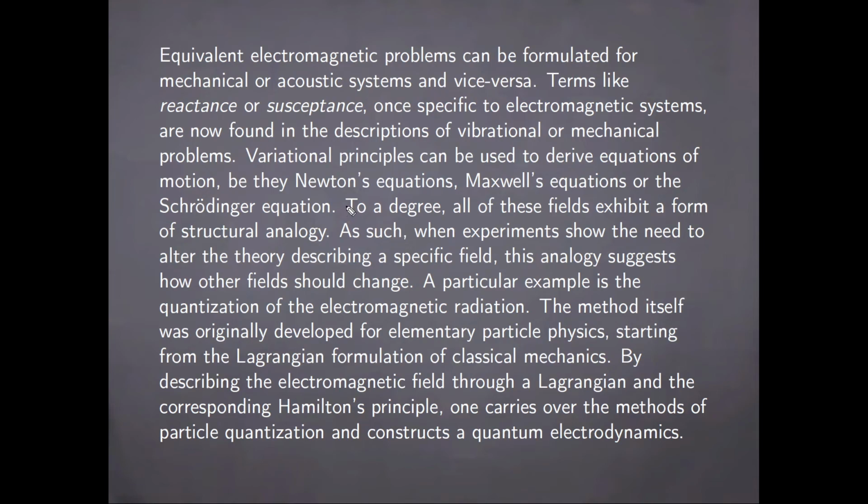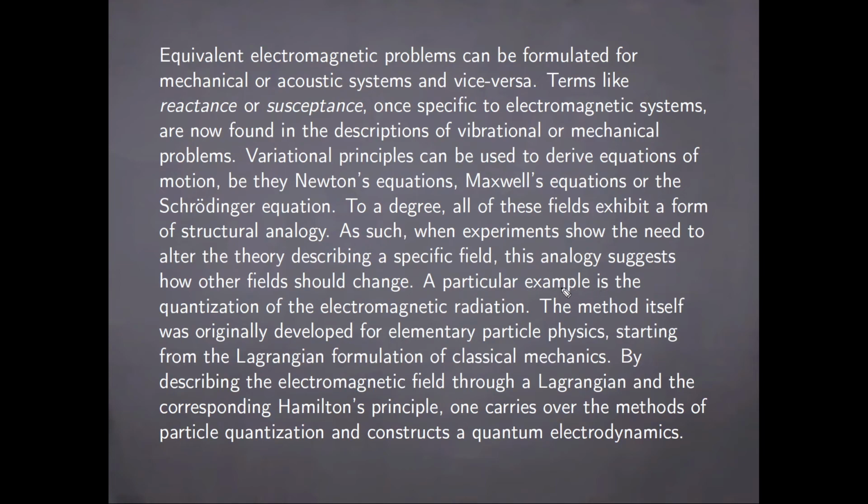So in any case, when this is possible, so when theories are derived from general variational principles, then to a degree all of these different fields of theoretical physics exhibit a form of structural analogy. As such, when experiments show the need to alter the theory describing a specific field, this analogy suggests how other fields should change.